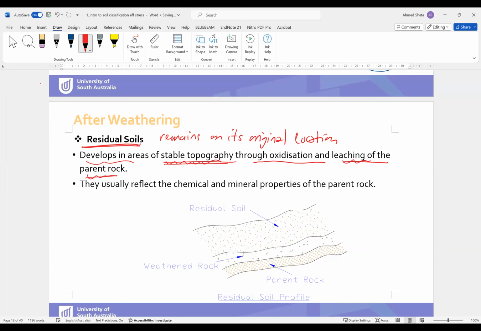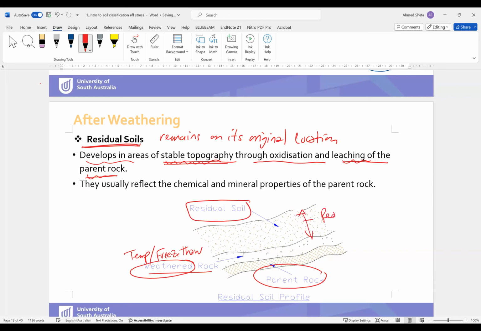Again, we have here the parent rock, and the top part of this rock is under temperature or freeze-thaw of water. It weathers, or is under weathering, and the top part is the soil that remains without any movement, so it is called residual soil.